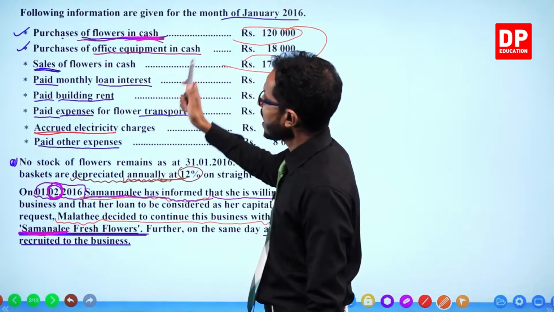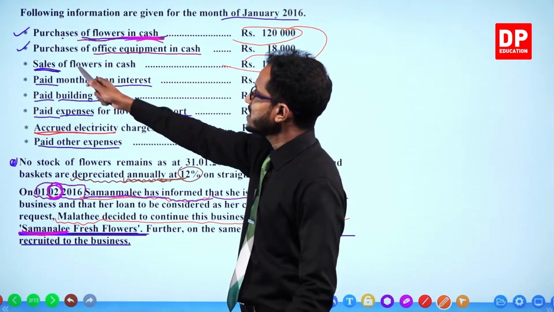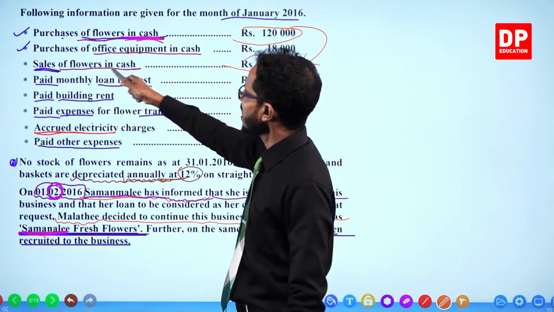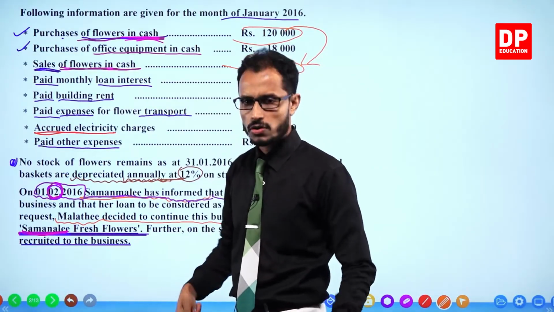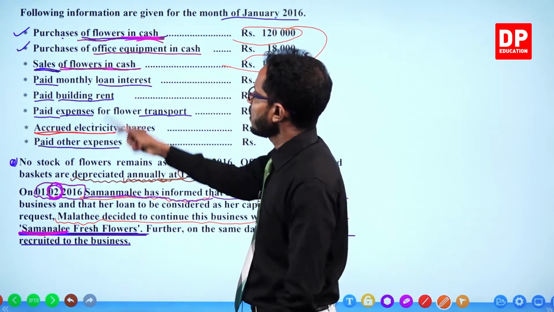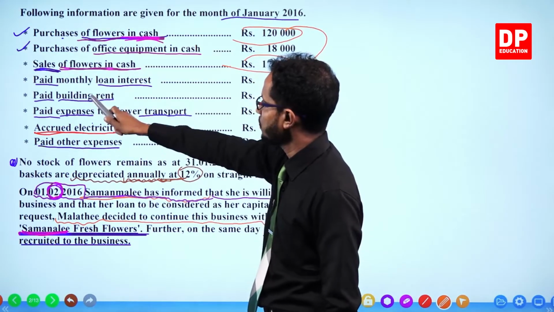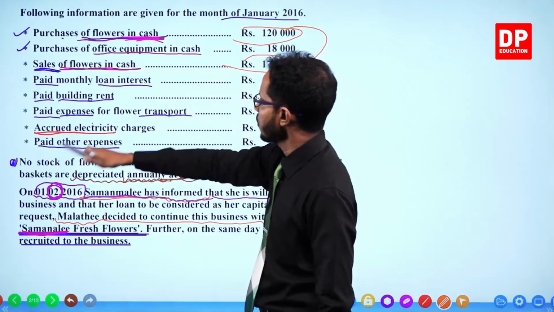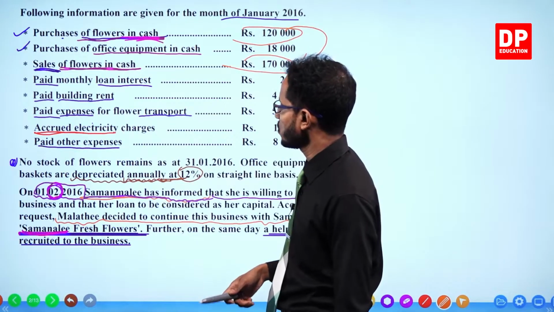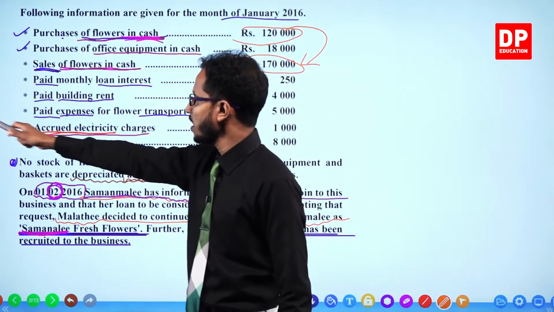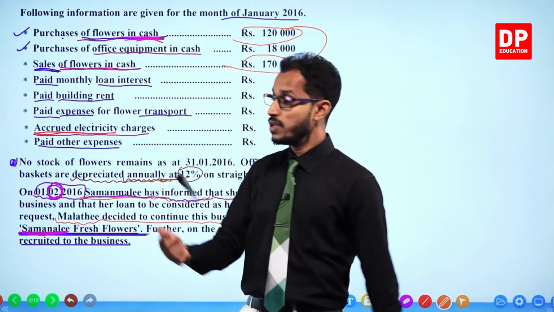Purchasing of office equipment in cash, cash book. Selling of flowers in cash, cash book. Monthly rent paid, monthly loan interest paid, cash book. Building rent paid, cash book. All cash book. Accrued electricity, where do you put accrued?